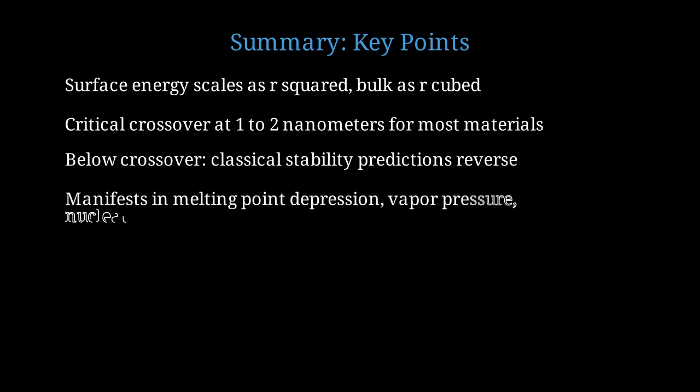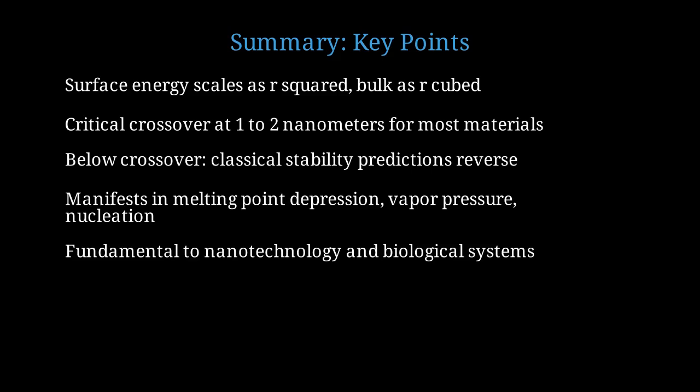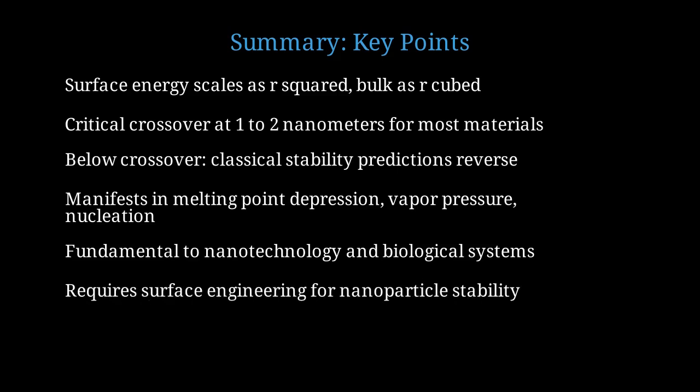This manifests in phenomena like melting point depression, enhanced vapor pressure, nucleation barriers, and size-dependent catalytic activity. Understanding this paradox is fundamental to nanotechnology design and to understanding how biological systems function at molecular scales. Practical application requires careful surface engineering to stabilize nanoparticles against the destabilizing effects of high surface energy.